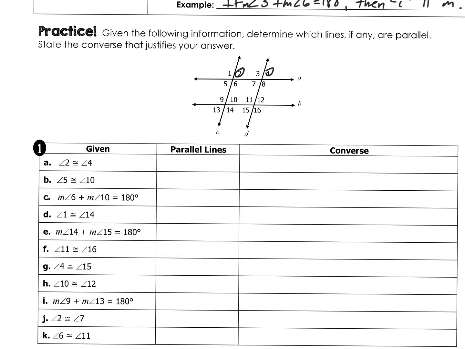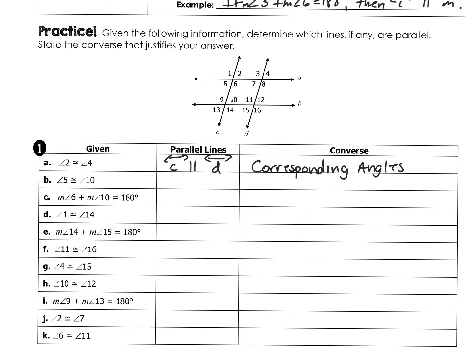Okay, so angle 2 and angle 4 are congruent, and angle 2 and angle 4 are corresponding angles on transversal A, which means that the lines that we just proved parallel are C and D. And this is the corresponding angles converse.